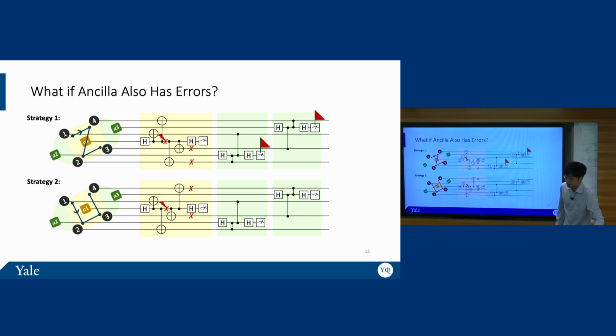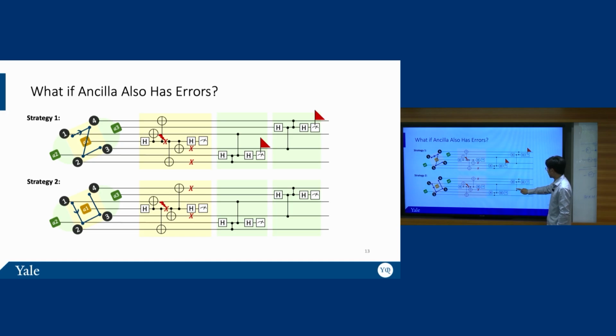Now it's not going to be detected, because it's going to propagate to qubit 4 and qubit 3 on these two lines. And if we look at the subsequent error detection for X error, they belong to the same check. As I said, if two flips happen to the same check, they cancel out.